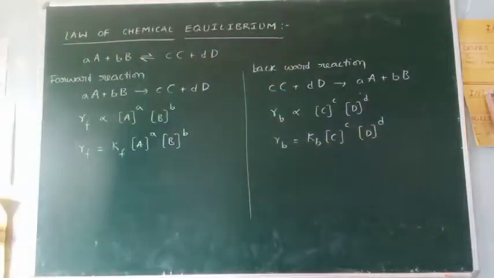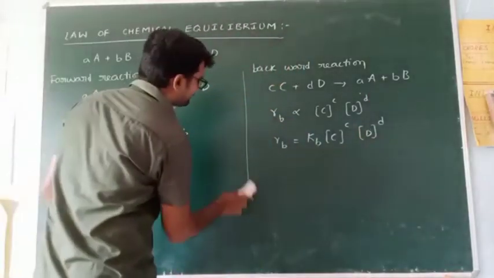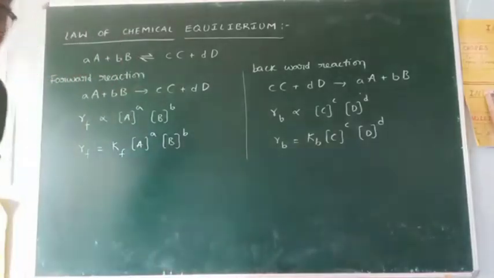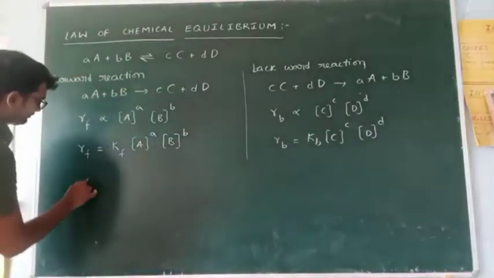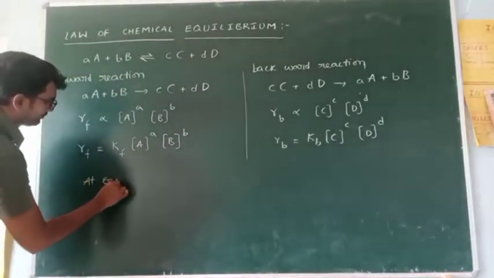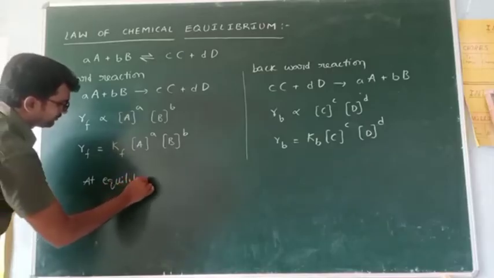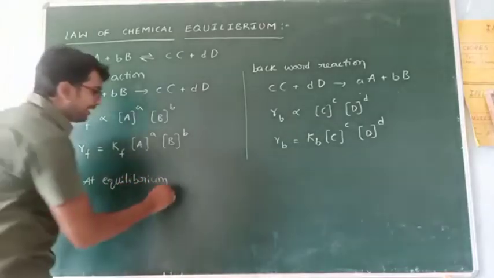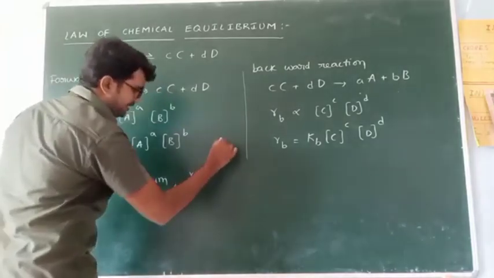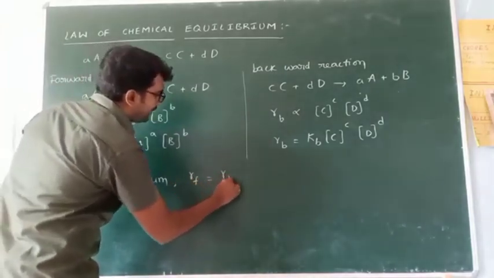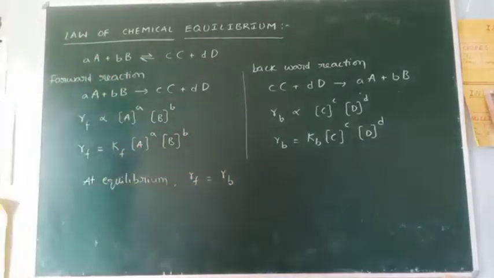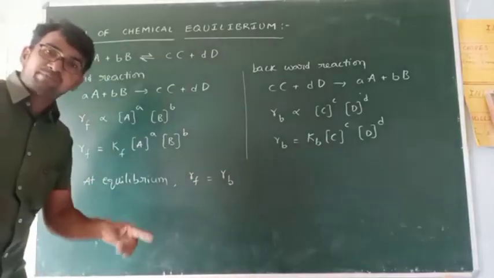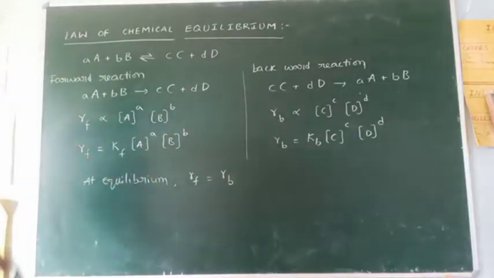But we know the condition: at equilibrium, the rate of the forward reaction is equal to the rate of the backward reaction.